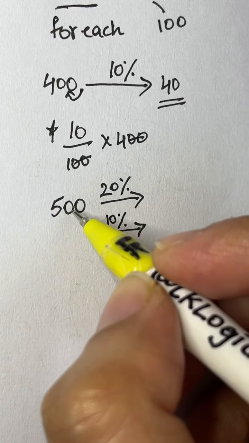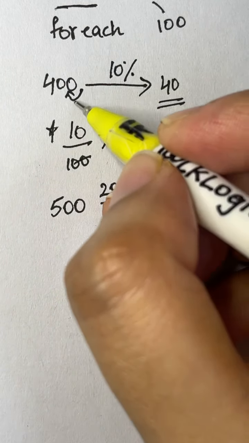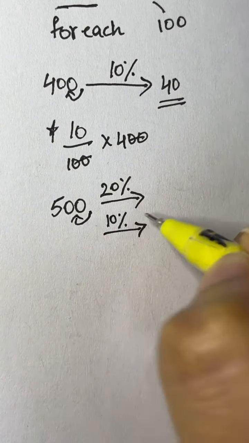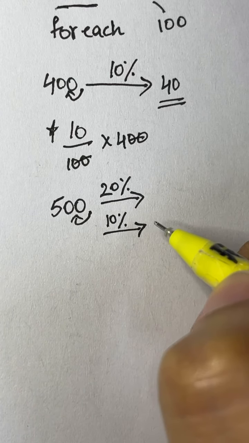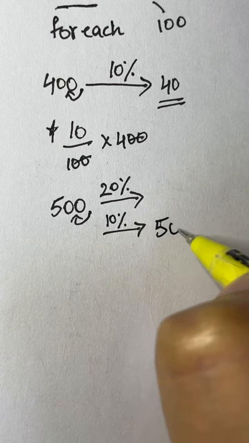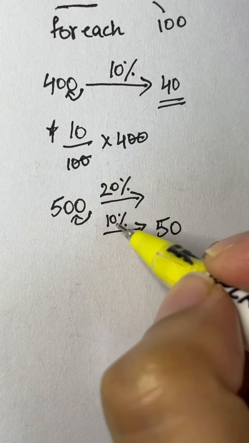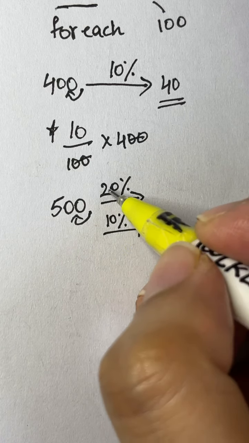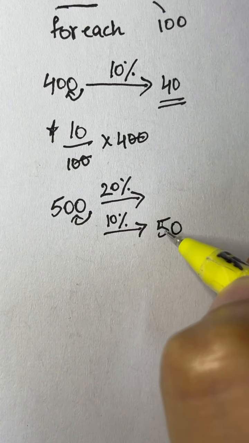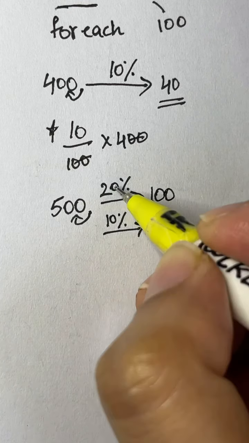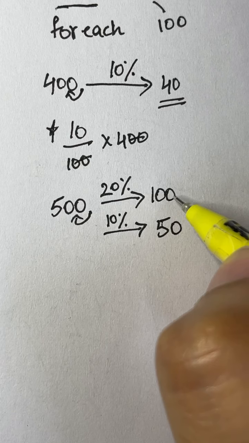So 10% of 500, as I showed you here, just move the decimal one slot towards left and your answer is 50. So what will be 20%? It is just twice of 10. 2 multiplied by 10 gives you 20. So 50 multiplied by 2 gives you 100. That's your 20% of 500 is 100.